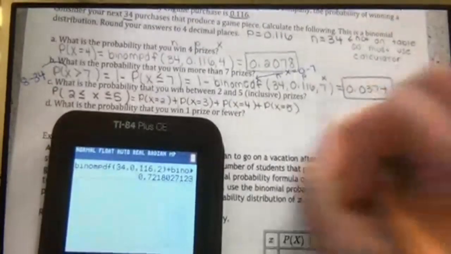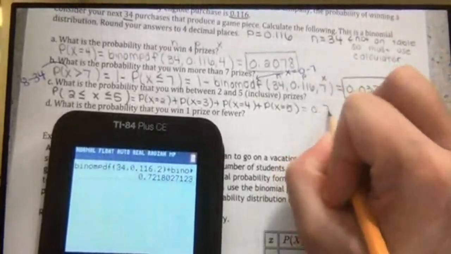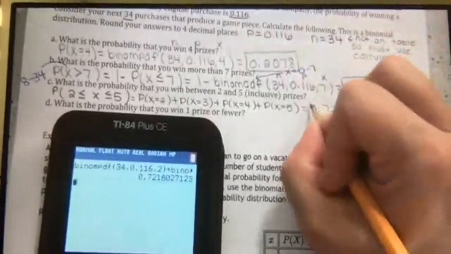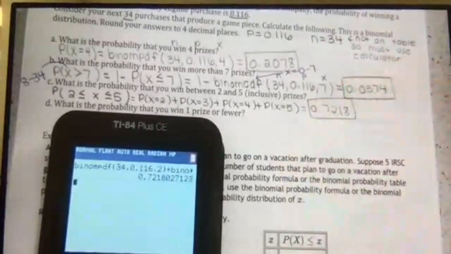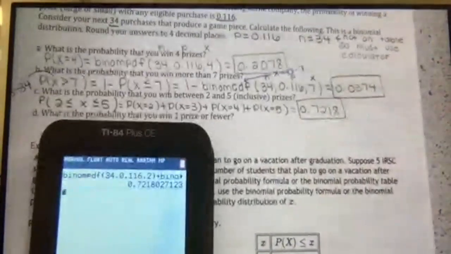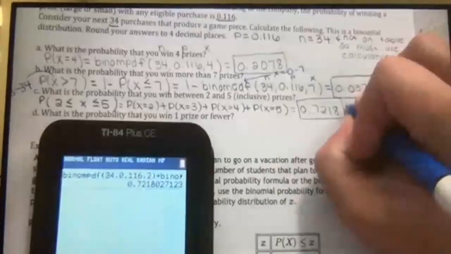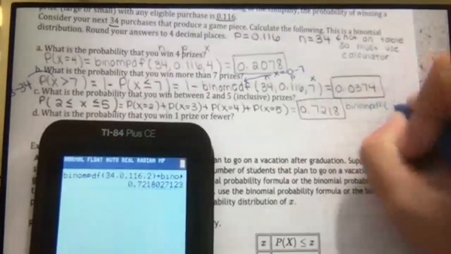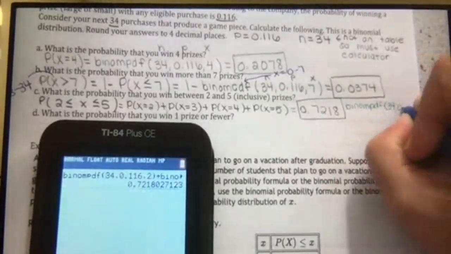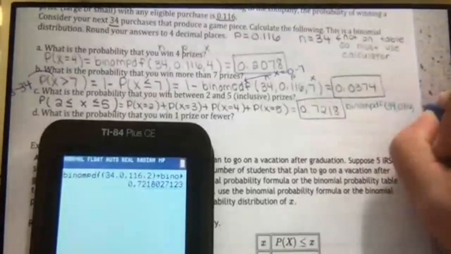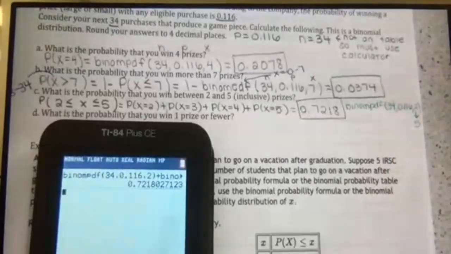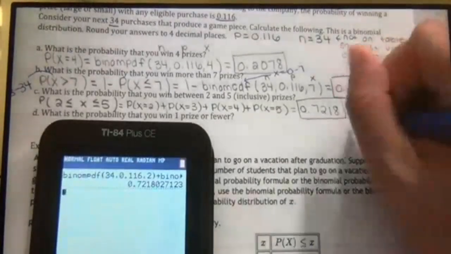Equals, there's your answer, 0.7218. So for this one we did binom PDF 34, 0.116, 2, and then changed all the way to 5 and added.